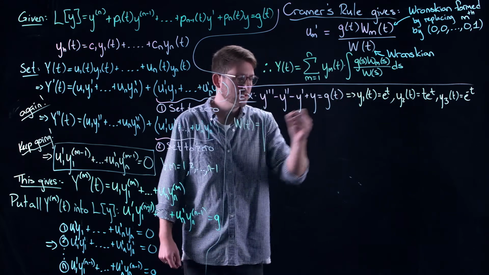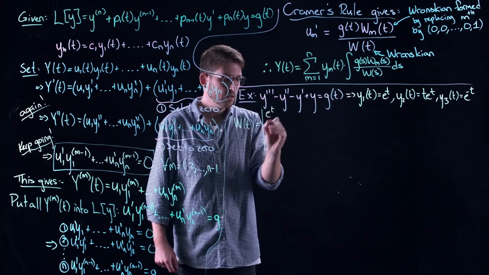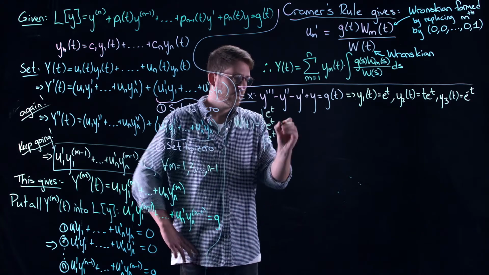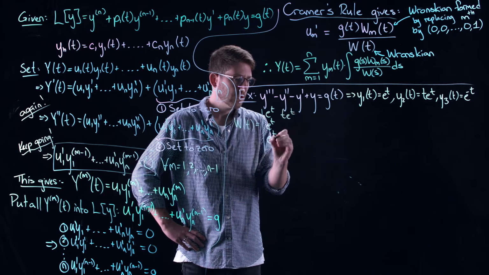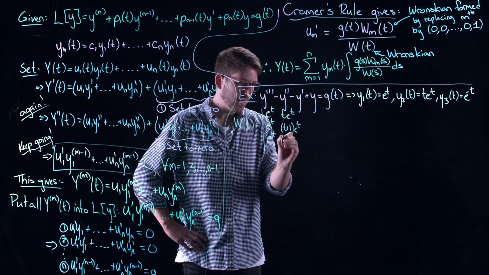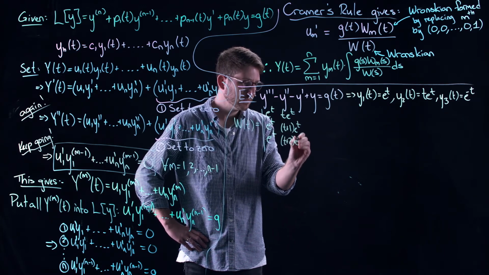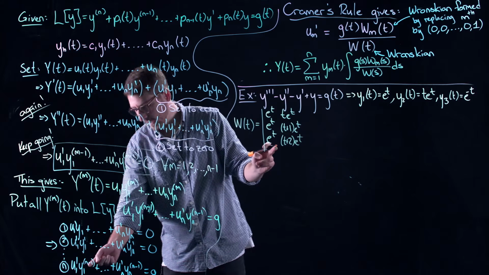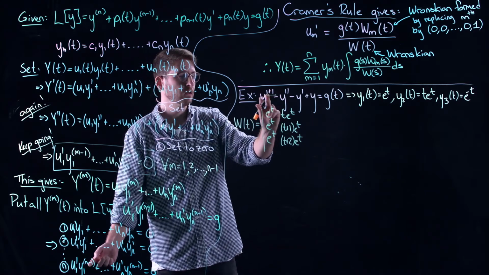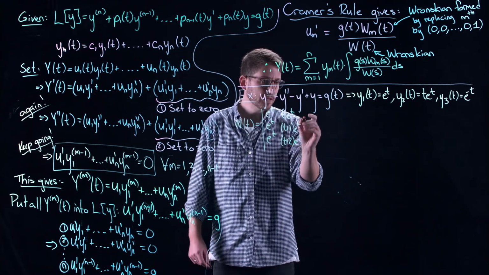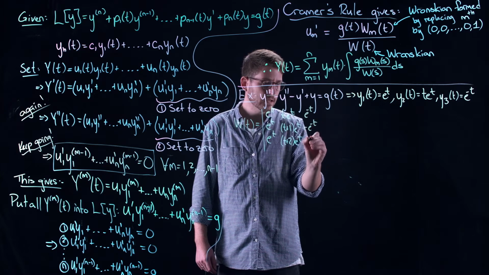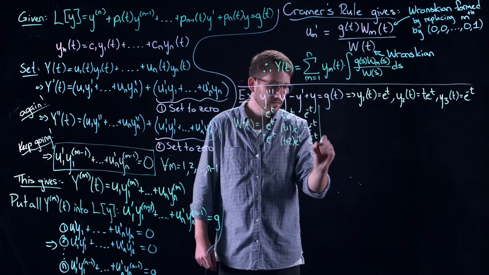The first piece is y1, then y1 prime, then y1 double prime, and then y2, y2 prime, and y2 double prime. I'm going all the way up to the n minus first derivative. In my case, n is equal to 3 here. Last piece, e to the minus t, minus e to the minus t, and e to the minus t.